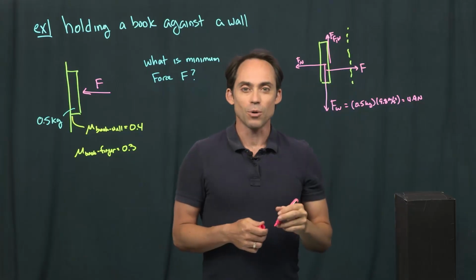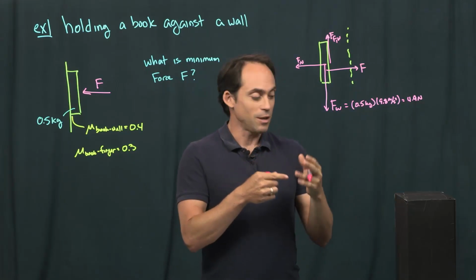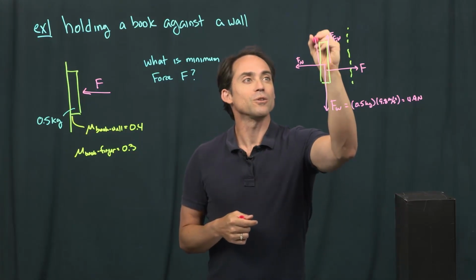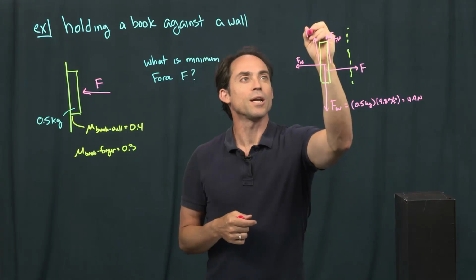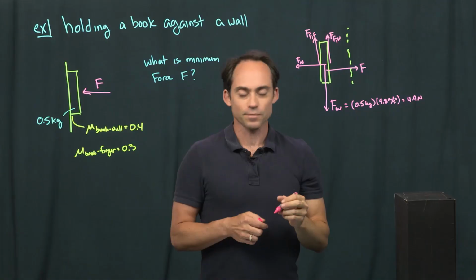So there's another component of friction, and again, if there was no friction between my finger and the book, it would just slide. And so there's going to be a friction component that's pointing up, that's between the book and my finger.